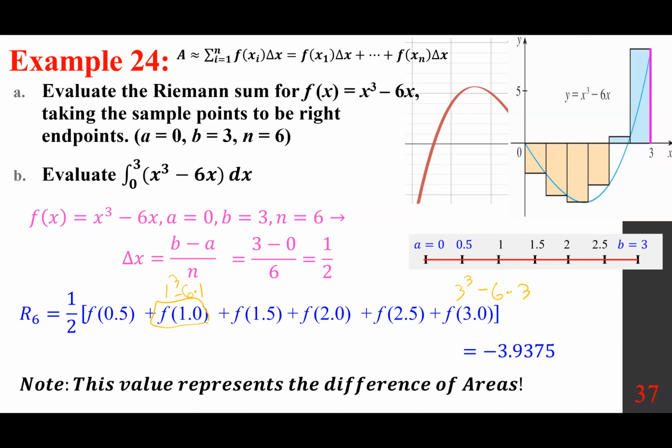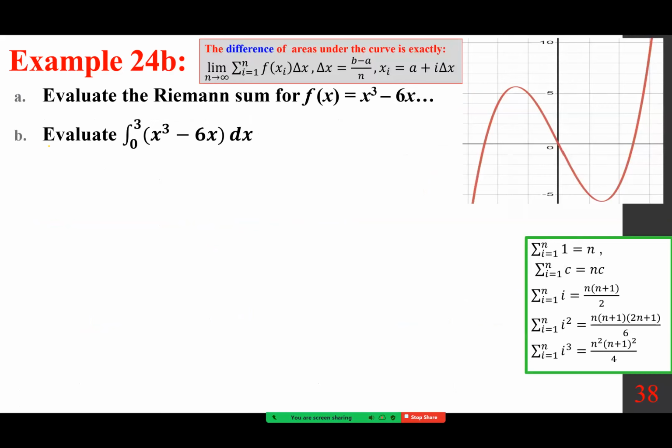Now we actually want to evaluate this, which means we want an exact answer, which means we have to go with the limit of the Riemann sum. So to do that, the delta x is no longer b minus a divided by 6, but rather divided by n. Okay. So this is again the same area we are talking about.